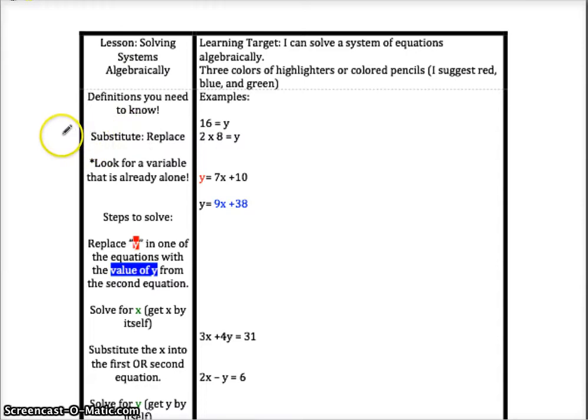Substitute, just like any standard word for substitute, it means replace. And then your key to this lesson is to look for a variable that is already alone, and you'll understand what that means in just a moment. For right now, let's look at this simple example of 16 equals y and 2 times 8 equals y.